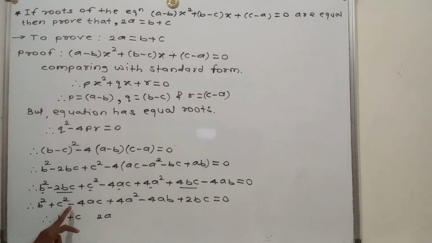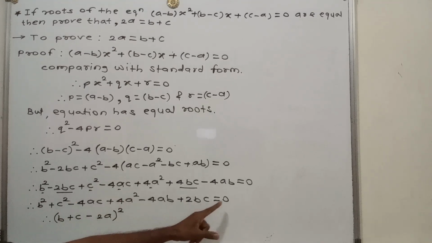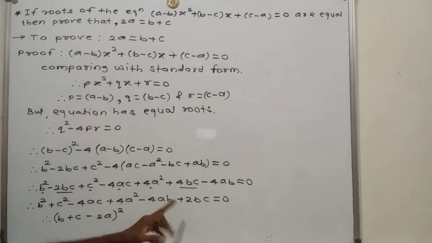Now see this, here minus 4ac and minus 4ab, so we write minus along with 2a. Did you get it? So this is the square of (b + c − 2a), then we get all these terms, is equal to 0.